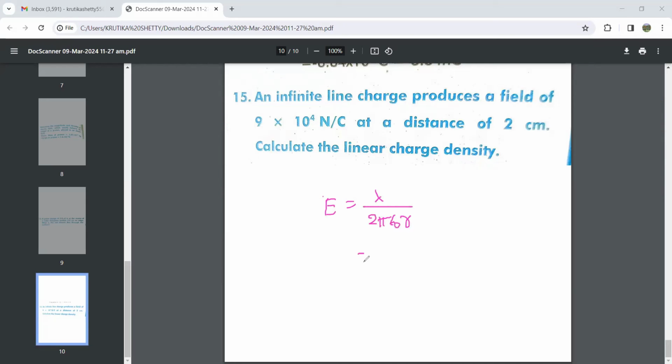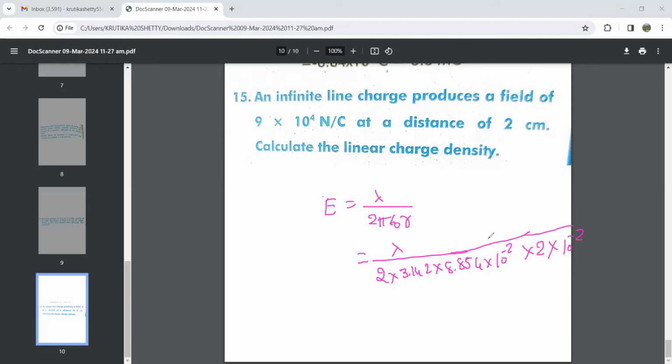But if you are taking this 2 pi epsilon naught, suppose you are substituting, we don't know the 2 pi epsilon naught value. So what do we need to do? 2 into 3.142, that is the pi value, into epsilon naught value 8.854 into 10 raised to minus 12 into the distance given, that is 2 into 10 raised to minus 2.